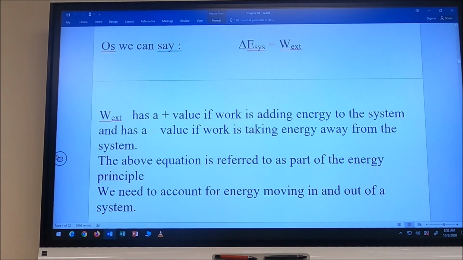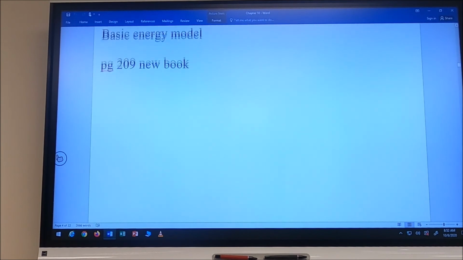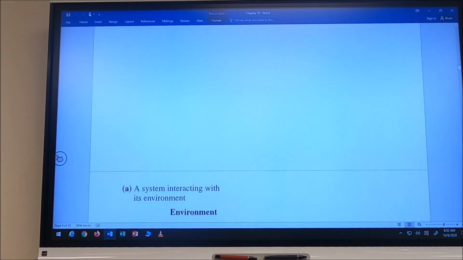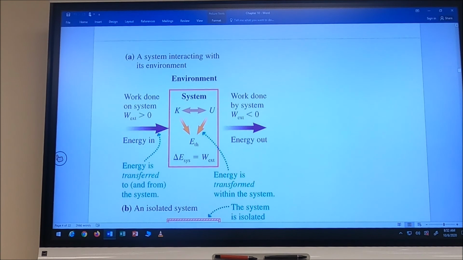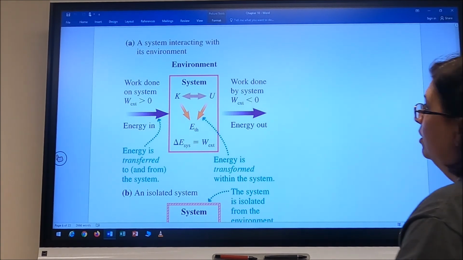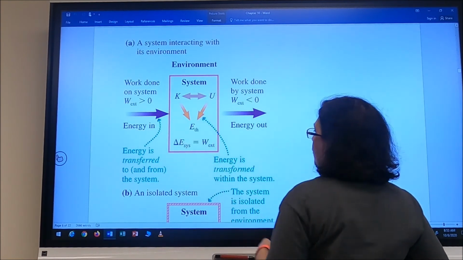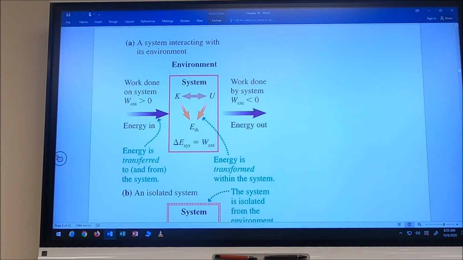Okay? Now, what we're heading toward here is a basic energy model. And this is an image very similar to the one that we were looking at earlier. This one says we're only looking at situations where external work is done on or by the system and no heat is moving in and out of the system. So work in, work out, transformations inside the system.